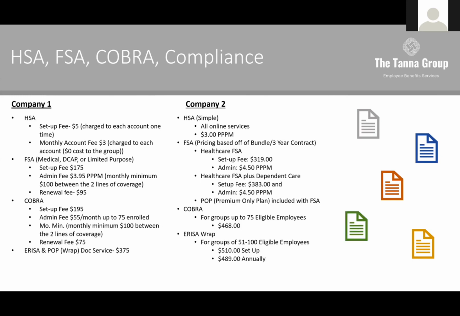And finally, the ERISA and POP documents. These documents describe the plan's terms and conditions in legal form related to the operation and administration of the plan. It's required for each welfare benefit plan an employer maintains, and it has to be in writing.